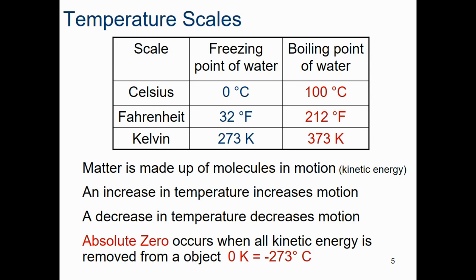When you take that solid block of water and you want to get those particles to move faster and become a liquid, you have to introduce energy to it. Typically, that energy is going to be thermal energy, like I mentioned before. If you want to take your liquid water and make it into a solid again, you have to take away that motion, and we see a decrease in temperature.